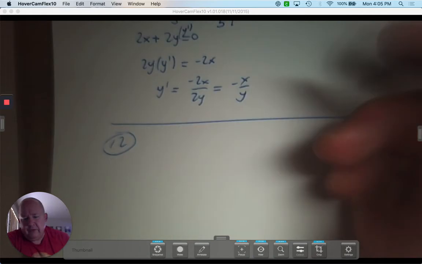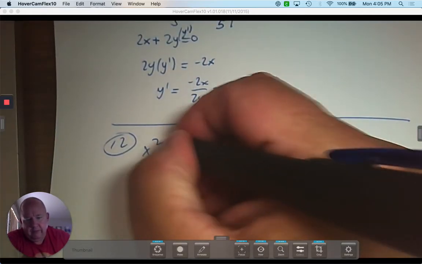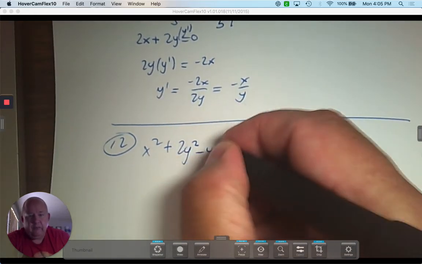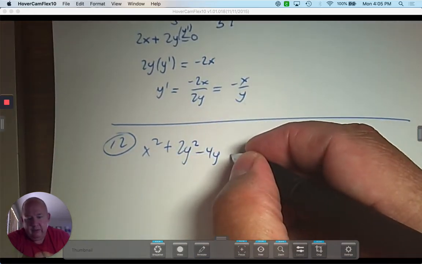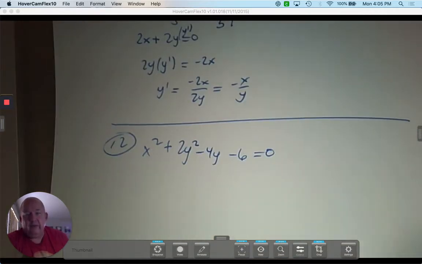Number 12 says, find the points at which the graph x squared plus 2y squared, subtract 4y, subtract 6 equals 0, has horizontal tangent. Now, whenever you see the word tangent, that's another word for derivative, so I know I need to take the derivative. The word horizontal means the slope is 0.